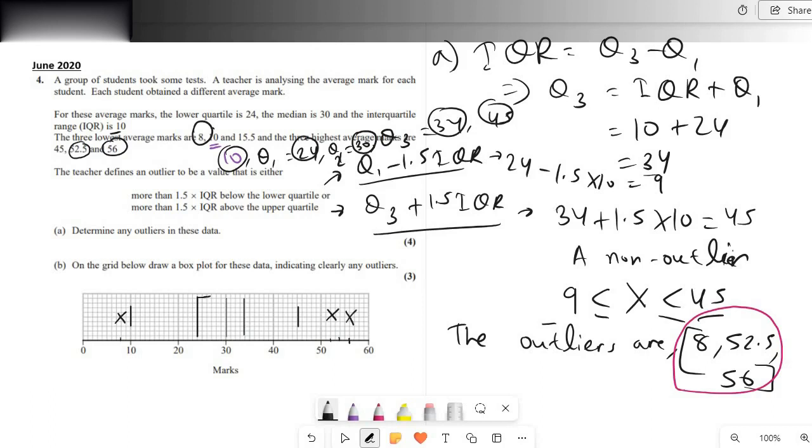And now connecting the elements here, it will be something like this. And then connecting the rest. This is going to be our box plot. Although I have to erase this part. And so this is our box plot.